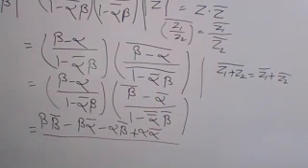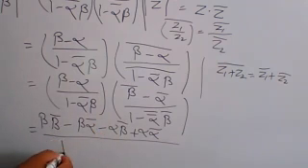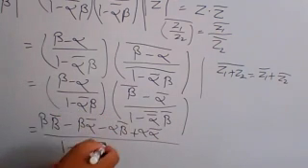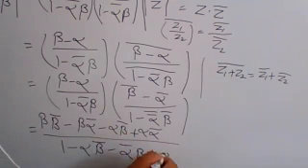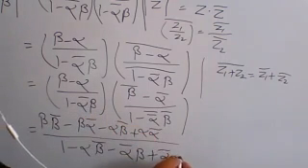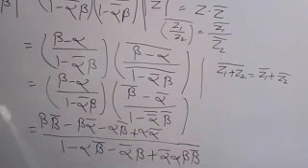In the same way, if you are taking the product of the denominator, you have 1 minus alpha beta bar, and for this one you write minus alpha bar beta, plus alpha bar alpha beta beta bar. Yes, you have the expression like that.